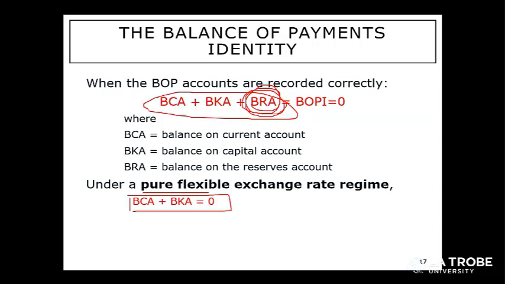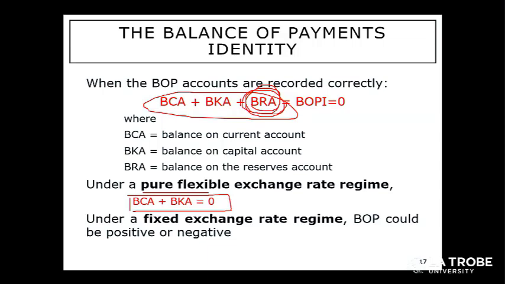So one perfectly offsets the other. When you don't have a purely flexible exchange rate regime, if you have a fixed exchange rate regime, then this might not hold. Sometimes the balance of payments might be positive or negative, depending on what your central bank decides to do. Right.